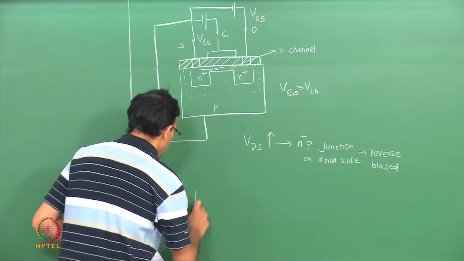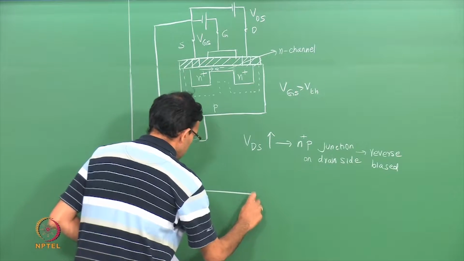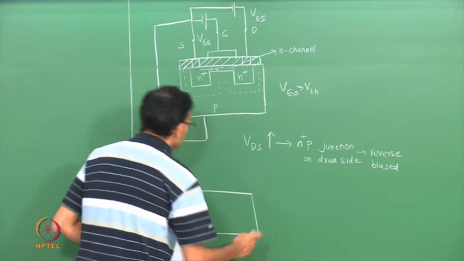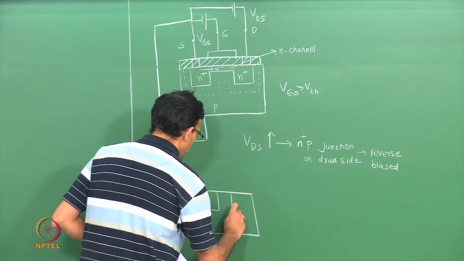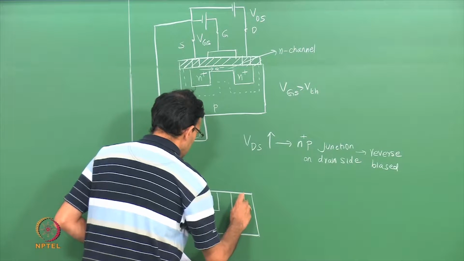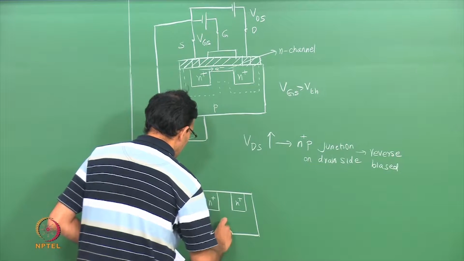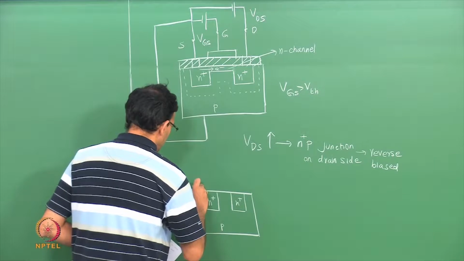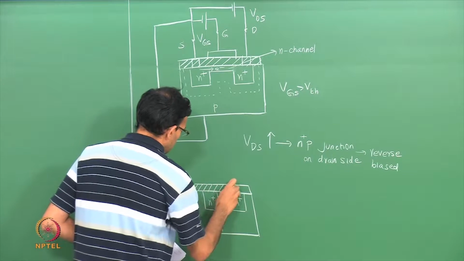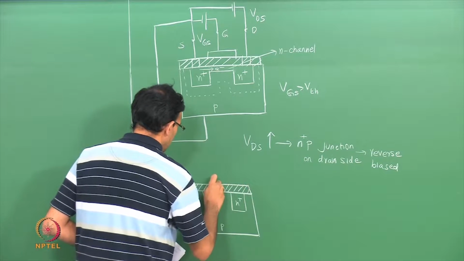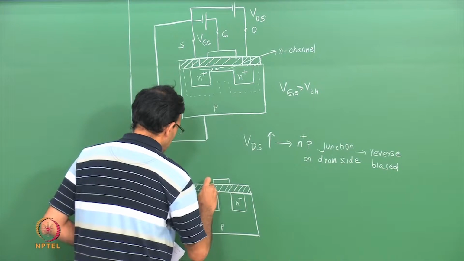If you were to draw that, again I have my two n plus regions, I have my bulk P, my oxide layer and my gate.